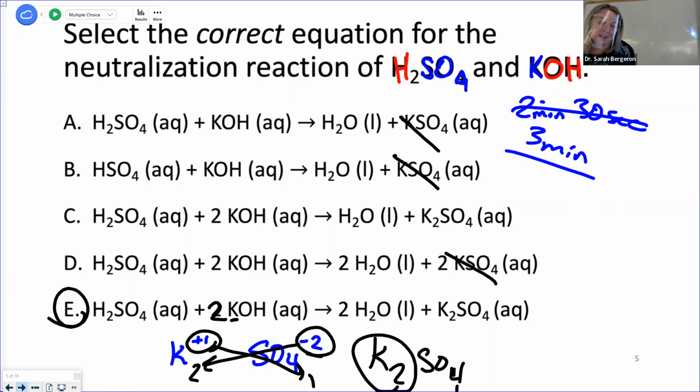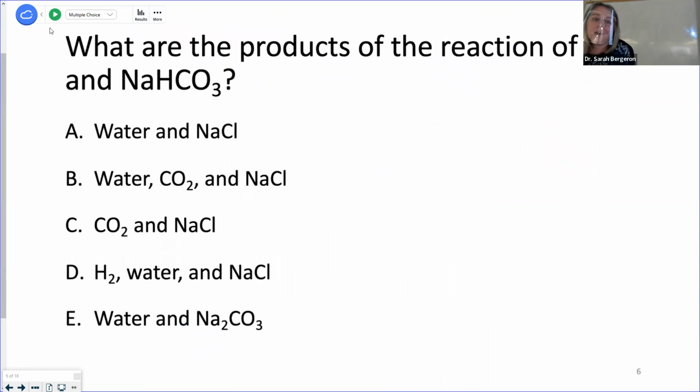What are the products of the reaction? Now you don't have to balance anything. Just tell me what are the products of the reaction between hydrochloric acid, HCl, and NaHCO3. Try not to say the name.